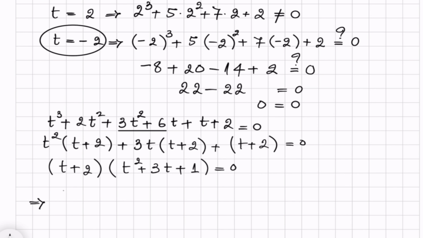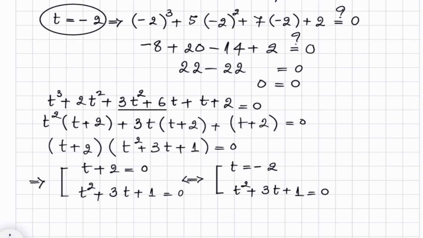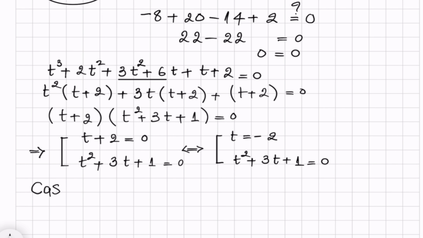So then we will get t plus 2 equal to 0, and t squared plus 3t plus 1 equal to 0. Next we will get t equal to -2, and then t squared plus 3t plus 1 equal to 0. So now we have to consider another case.